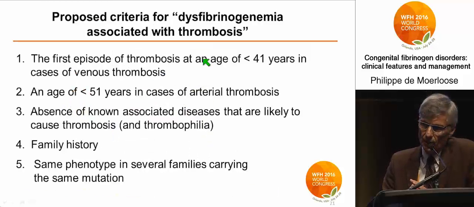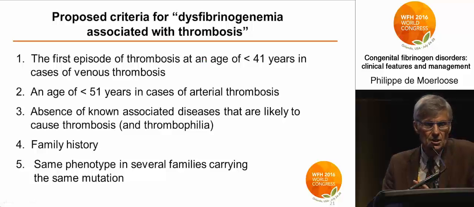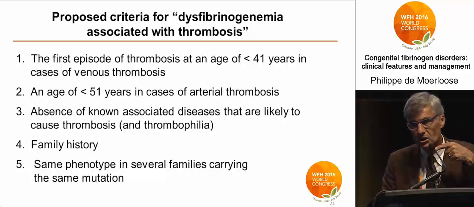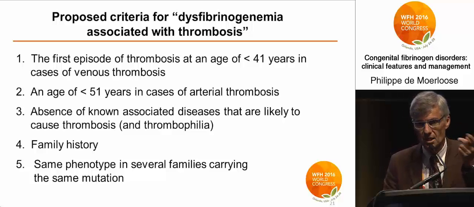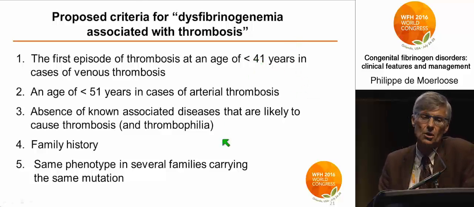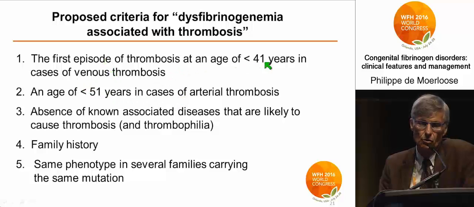And I draw your attention because in the literature you will find many papers just saying that there is a thrombosis in one member of the family and we find a mutation and it is thrombosis associated. It's not like that. Because you must apply some criteria: the first episode should occur at a relatively young age, true for venous or for arterial disease, and there is the absence of other associated disease or thrombophilia.